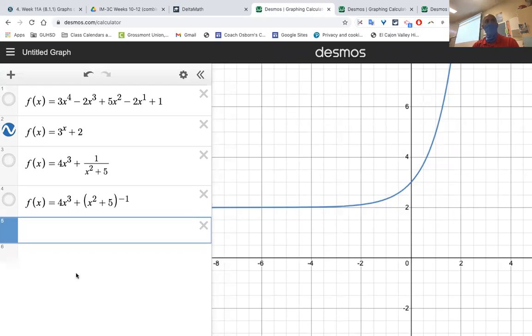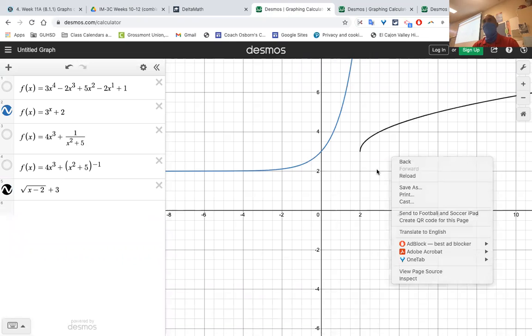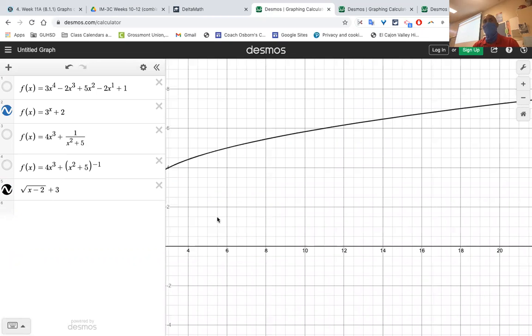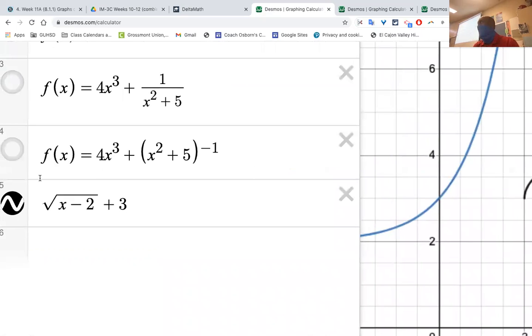It'll be, let's say, square root of x minus 2, and then maybe on the outside plus 3 or something. As you can see, if you look at the function itself, it's a square root. It's not a polynomial. You're expecting to see a variable raised to some positive exponent.